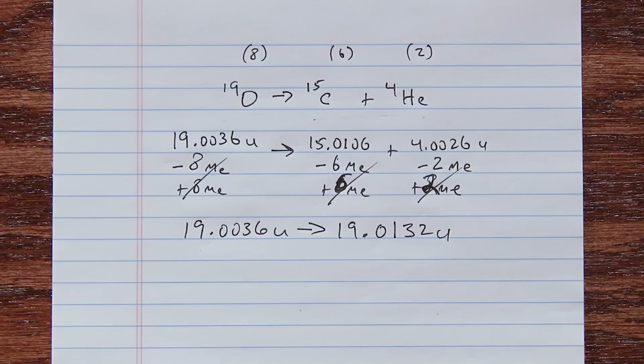So alpha decay occurs when a nucleus emits an alpha particle, or 2 protons bound to 2 neutrons, which is also a helium-4 nucleus. And this moves the nucleus towards the line of stability.